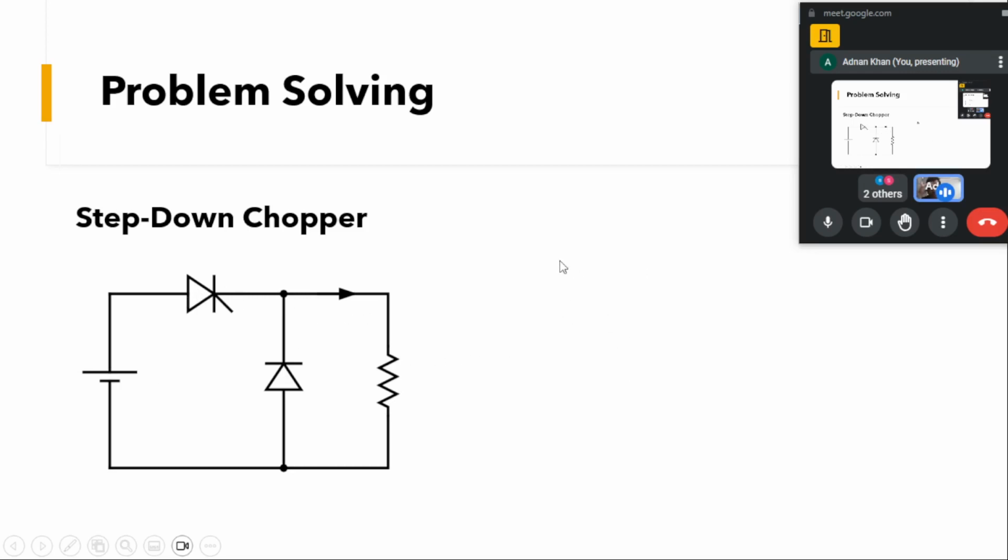So it will be some constant DC voltage up to the DTs point, and when we turn off this device, the voltage across this will be 0. So you can see that the voltage will be some positive quantity up to a certain point, then it will be 0 for certain time, and then again when we turn on this device, it will again be positive.